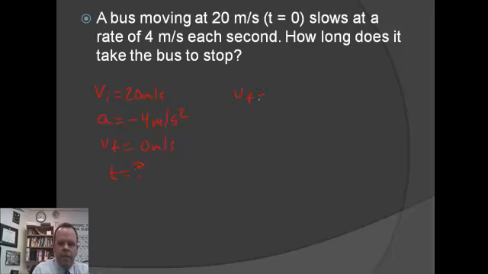Here it's probably easiest to use VF equals VI plus AT. So 0 equals 20 plus negative 4t. Add 4t to both sides: 4t equals 20. T equals 5 seconds.